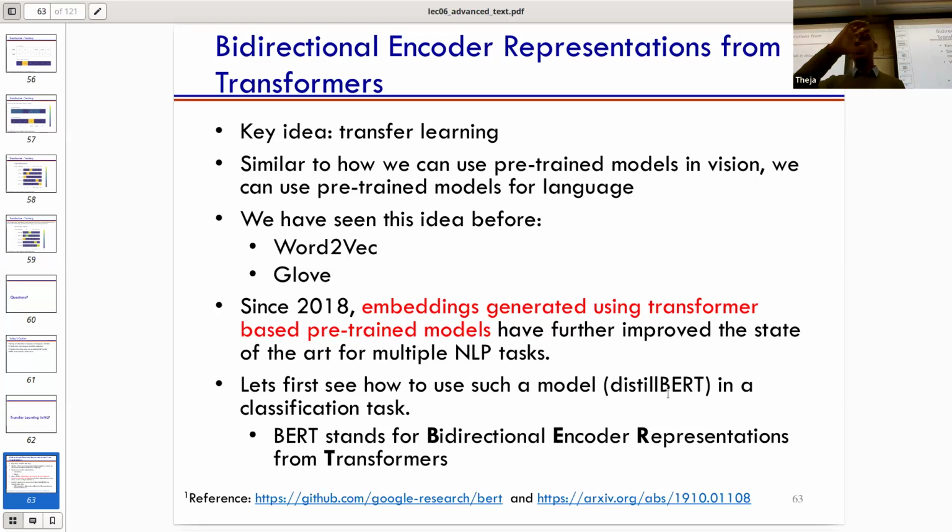We'll look at one of these models. DistilBERT is a distilled version, a reduced version, of the BERT model. There's this notion of distillation in machine learning in general. Distillation corresponds to this: if you have a much bigger, very complex model, let's say a 10-layer neural network, you can use it as a reference network and use its outputs to generate data, which can be used to train a much smaller model.